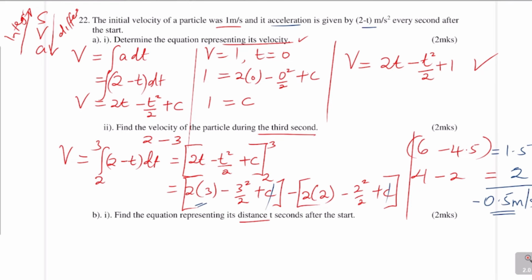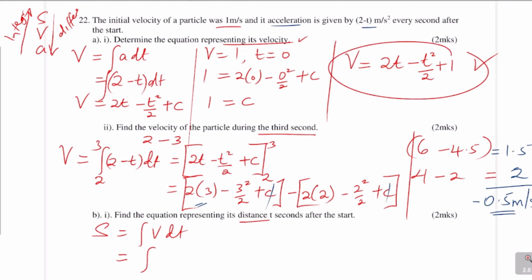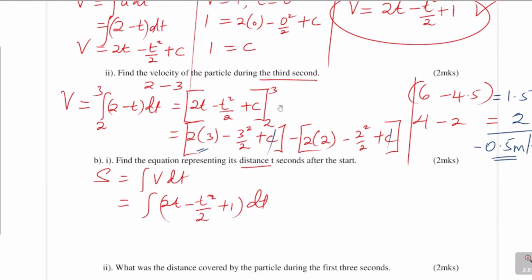So distance will be given by integrating velocity with respect to t. We have the equation for velocity up there. So this is the integral of 2t minus t squared divided by 2 plus 1, with respect to t.